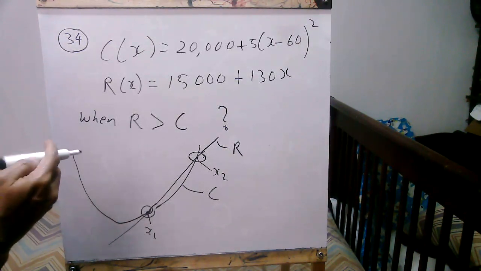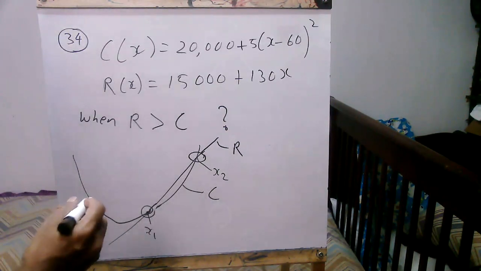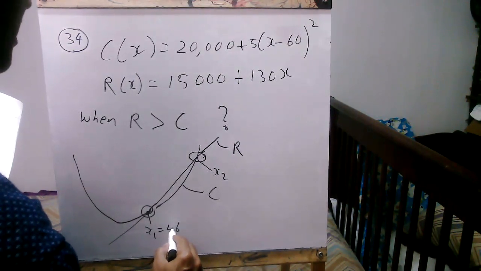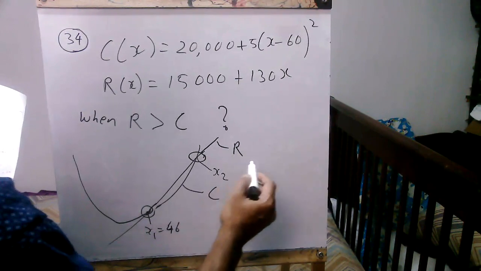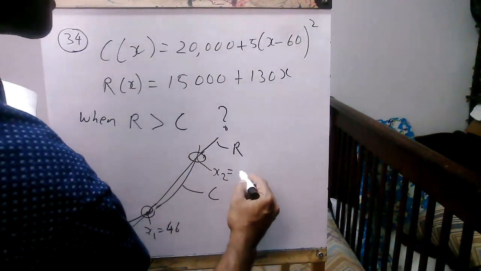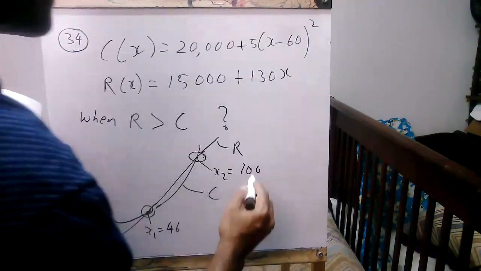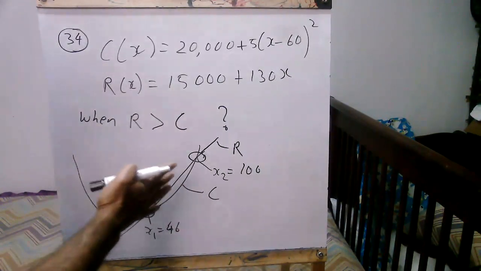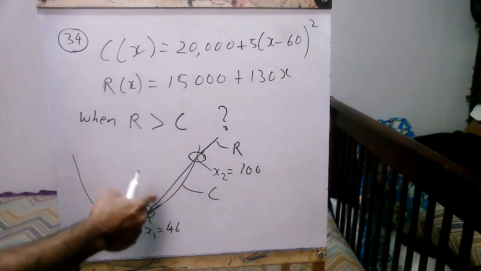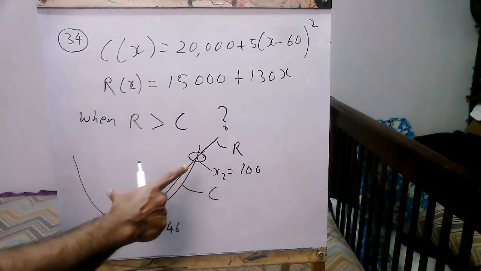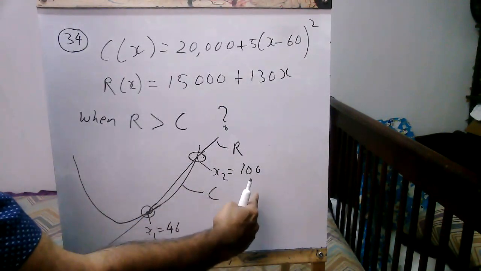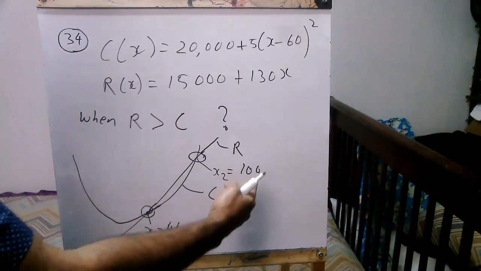Now I did that and I got the answer 46 here, and here, x2, I got 100, right? Now if the calculator, when you display, shows only one intersection point, then change the x scale and give it a big number, like 5000.